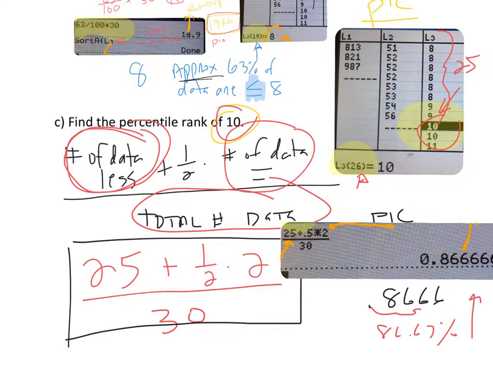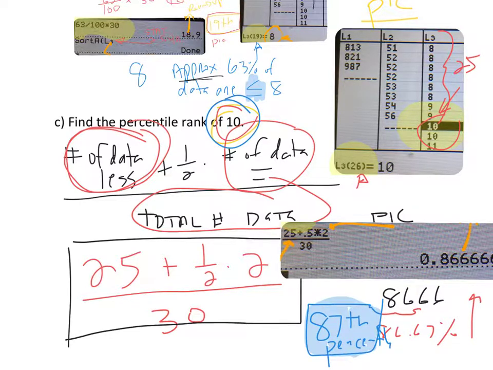So in this case, that's going to give you 87. So we say that that's our answer. 10 is in the 87th percentile. What does that mean? Well, since 10 is in the 87th percentile, that means that approximately 87% of teams had a value that's less than or equal to 10.